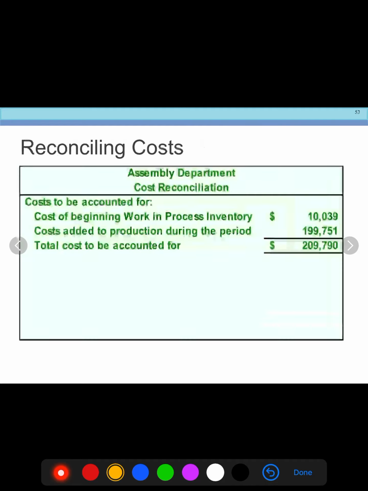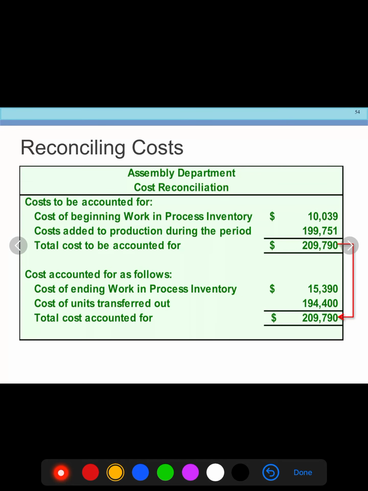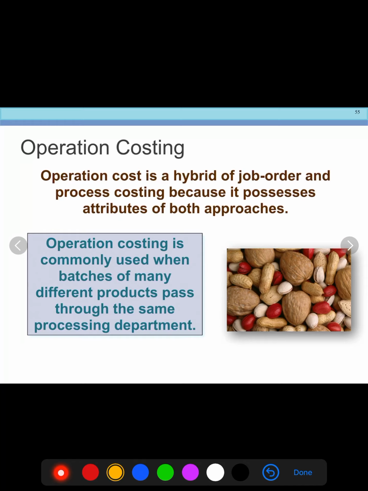Okay. How to prepare a cost reconciliation report? Okay, so cost to be accounted for, ito yun, sa 209,790. Yung in-account mo, again, equals silang dalawa.